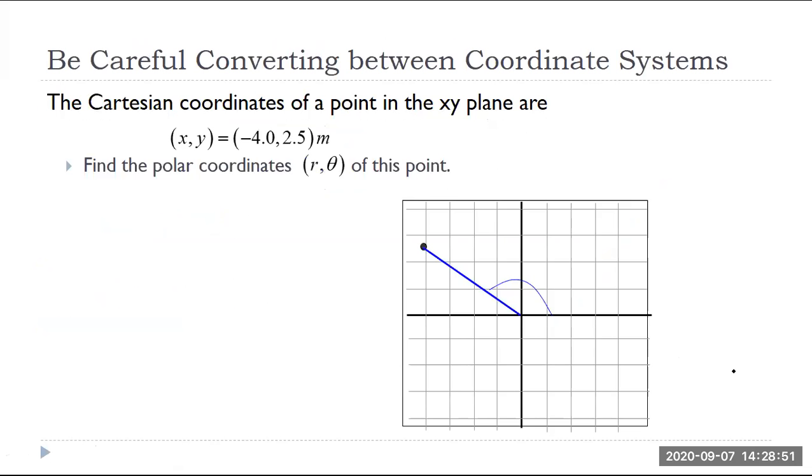So here we go. Here's a Cartesian coordinate, x and y, that's minus 4 along the x-axis and 2.5 along the y-axis. And here's a picture representation of that. Essentially, I know that my x side right here is 4, and the y side here is 2.5.